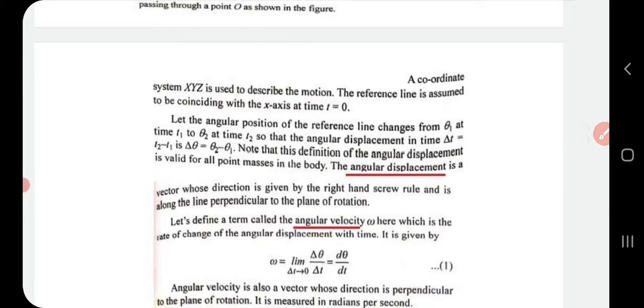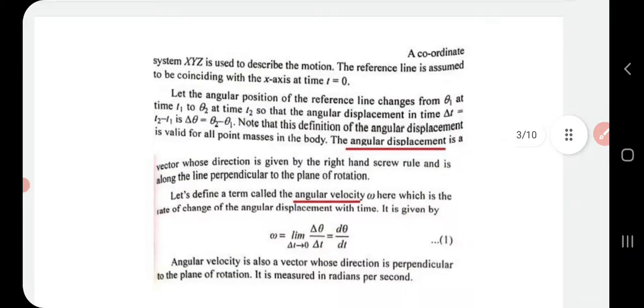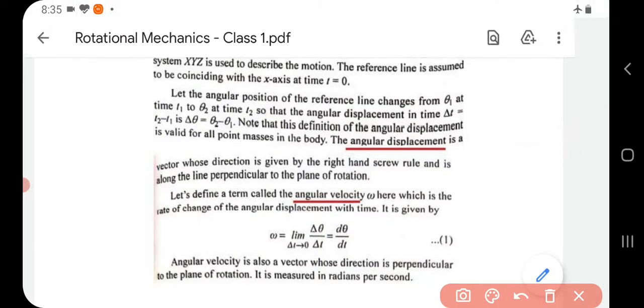As usual, in order to describe the motion of a rigid body, we need a coordinate system. Now let us see another definition, that is angular displacement. Okay, so for that, let the angular position of a reference line change from theta 1 at time t1 to theta 2 at time t2.